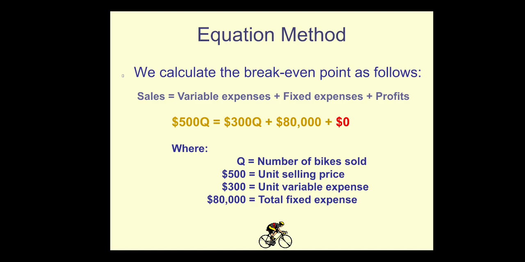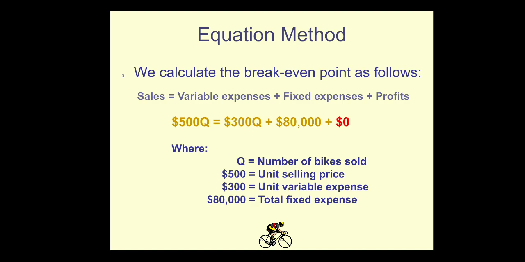Okay, now we use the data from the example that you have seen in the previous slide, which is the business called Wind Bicycle Company. Remember, the product of the business is bicycle. The business sells the bicycle at $500 per unit.